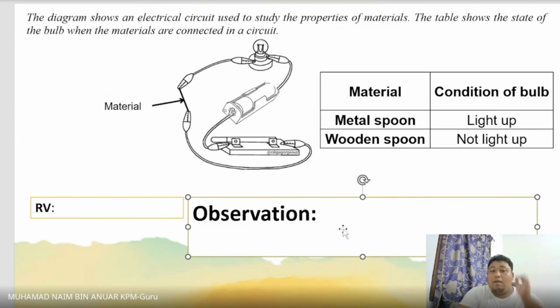For observation, the answer will sometimes be quite long. You need to tell everything inside the experiment. You can say, if we connect the metal spoon with the circuit, the bulb will light up.